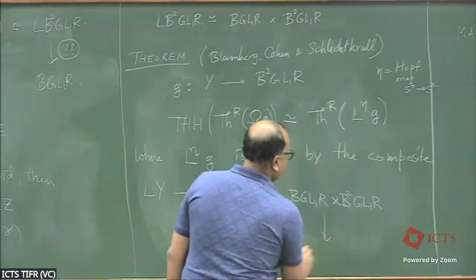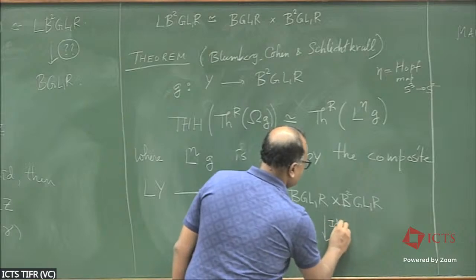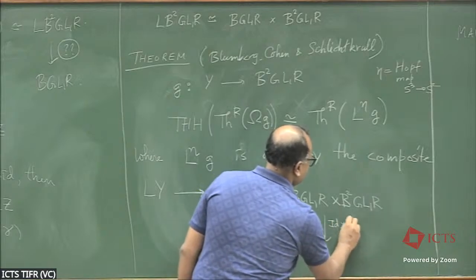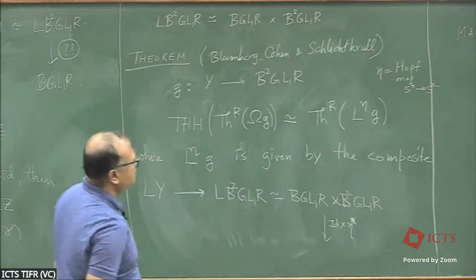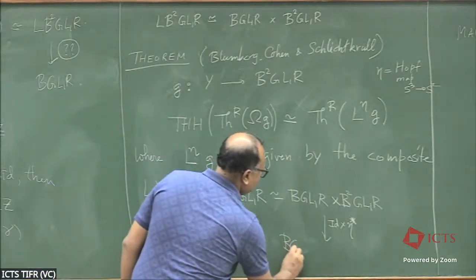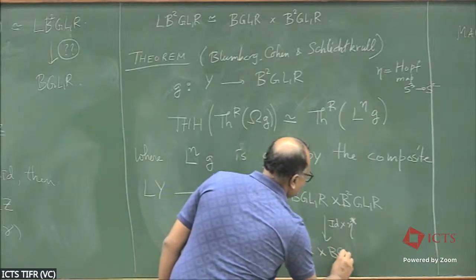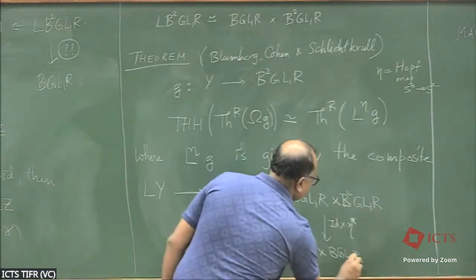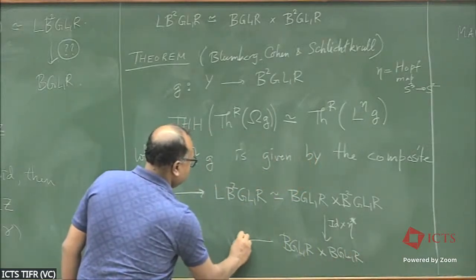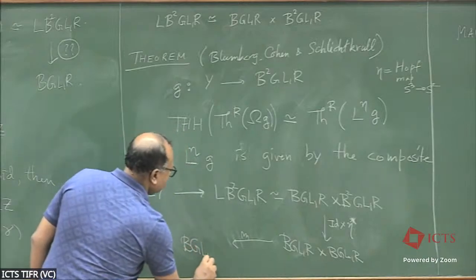Now there is identity cross eta upper star, which goes to BGL1R cross BGL1R, and then you use the multiplication to get to BGL1R.